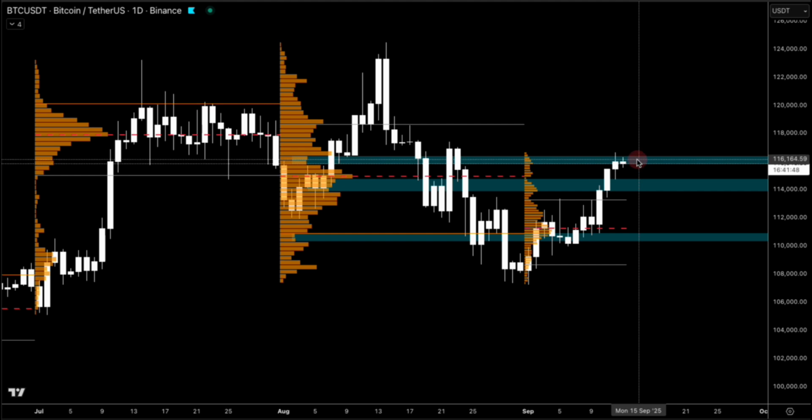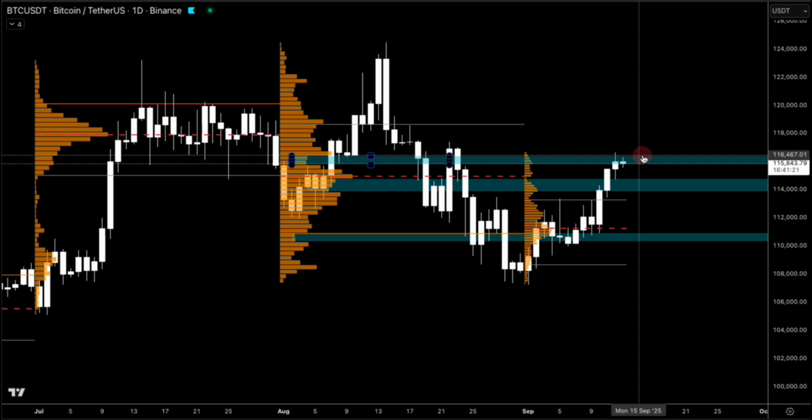And the final idea is where price is right now. The current price at the recording of this video is 115,843.79, and that is the low side of the low volume node area. The top side of that low volume node area is 116,467.01.